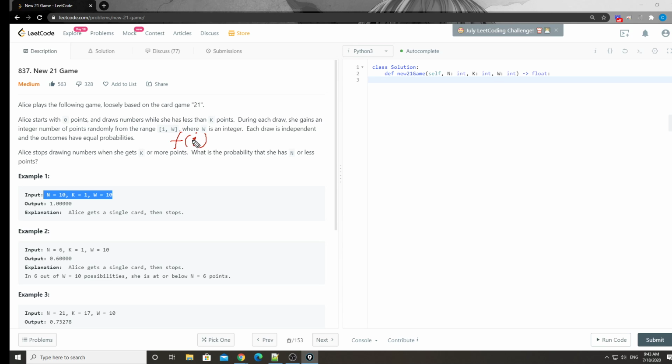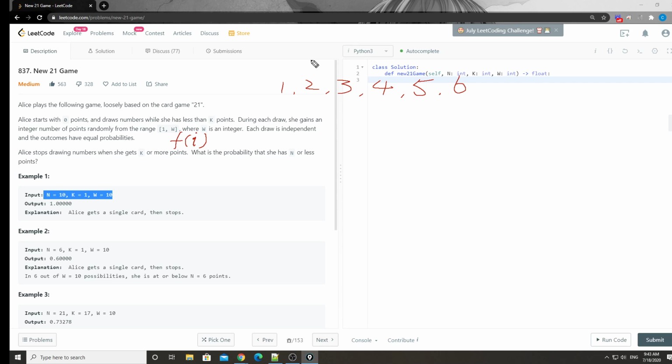So to get to the I points, for example, let's say the range 1 to W is 1 to 6, so we have 1, 2, 3, 4, 5, and 6.